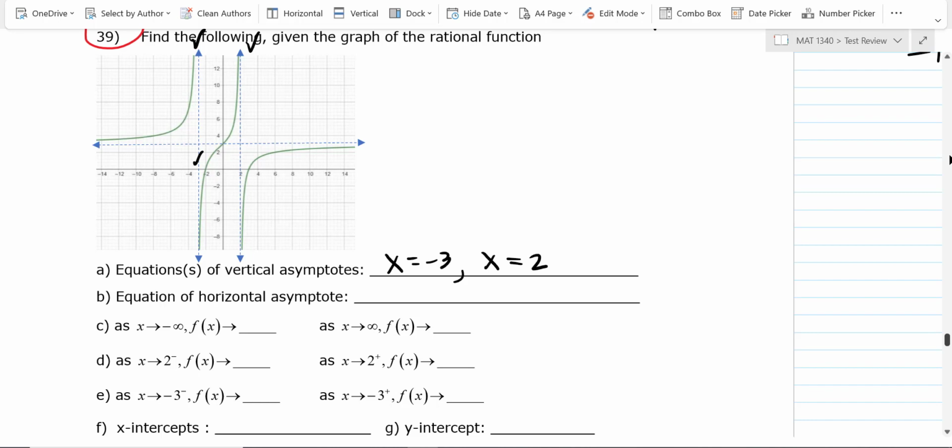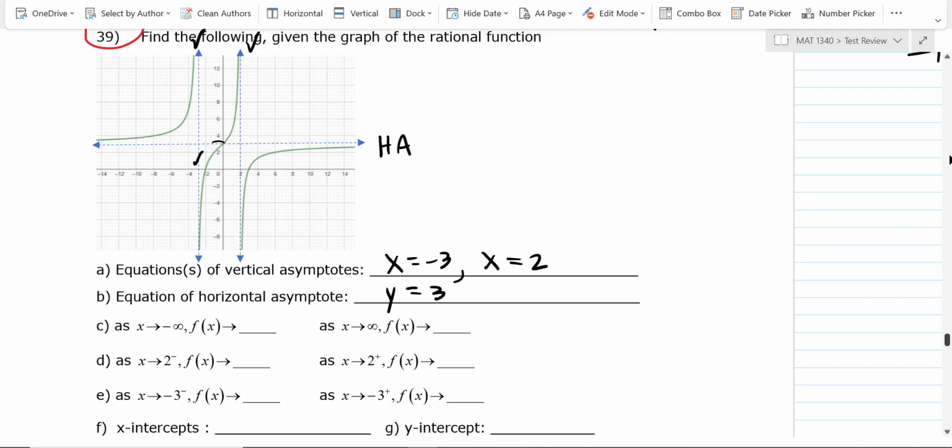So when you build the equation out of this, it's going to be incredibly important that you know what those are, okay? So those are your two vertical asymptotes. Your horizontal asymptote is the horizontal line that's dashed like that, and that looks like it is going through y equals 3. So you have to identify those asymptotes right there. That's real important, okay? All right.